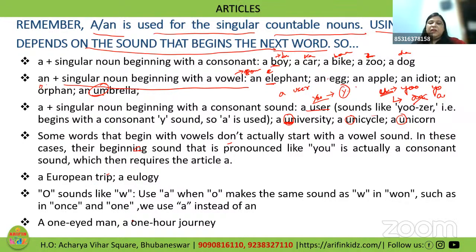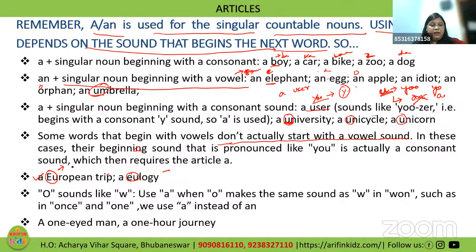Then some words begin with vowels but don't actually start with a vowel sound. Which are the vowel sounds? The sounds that we have just mentioned here. But when you say EU, we have two vowels actually beginning the word, but we are using a.